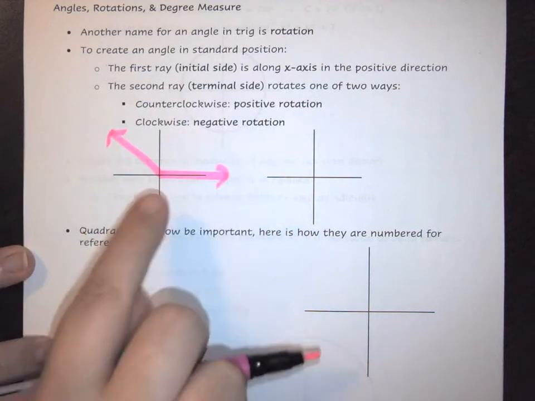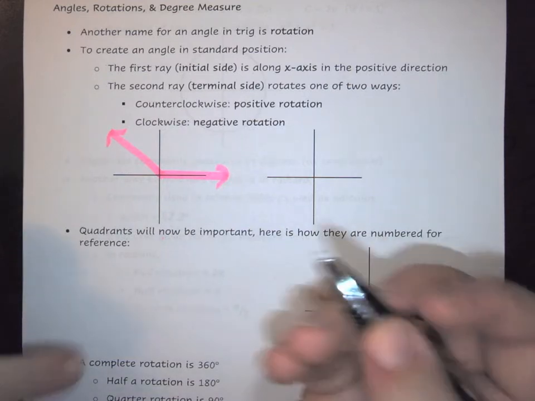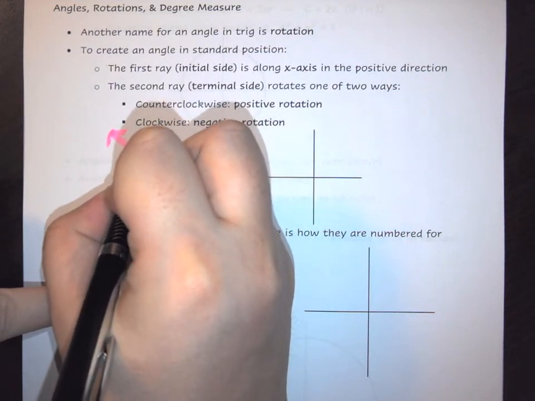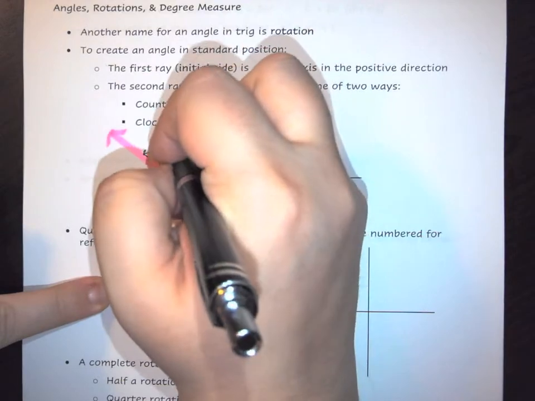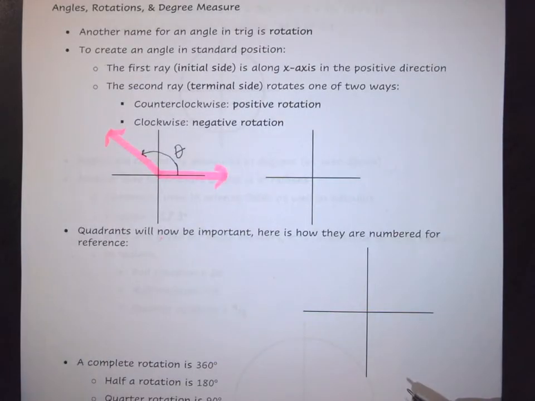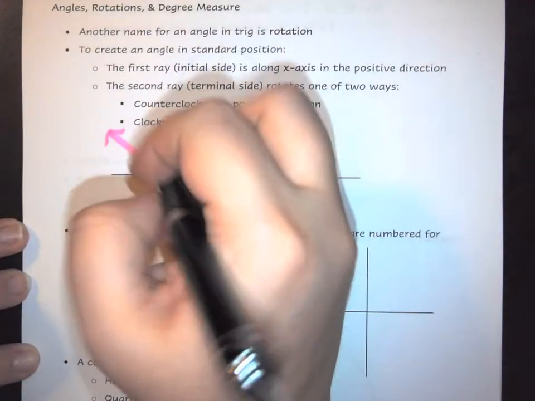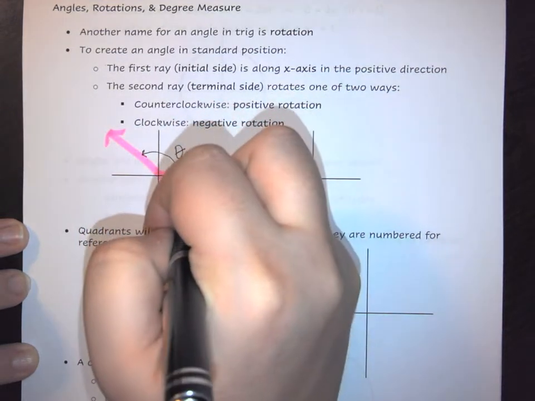So the second ray here, this one, would be what's called your terminal side. It's your angle rotation. And when we look at the degree of rotation, we start at my x-axis and you're going to go up to your terminal angle, and we label that with our theta. Okay? Now, because this is going counterclockwise, this would be considered a positive angle.